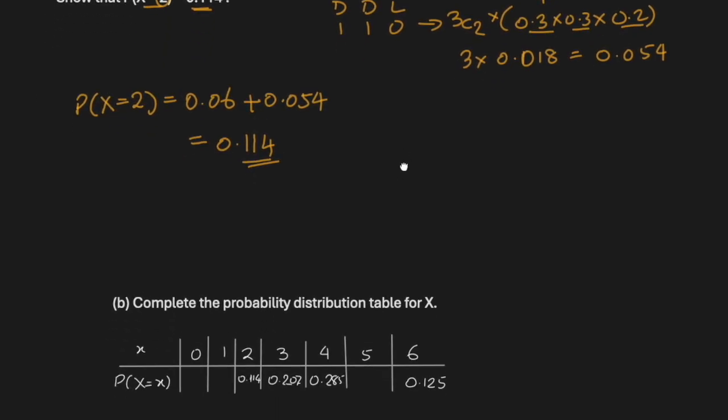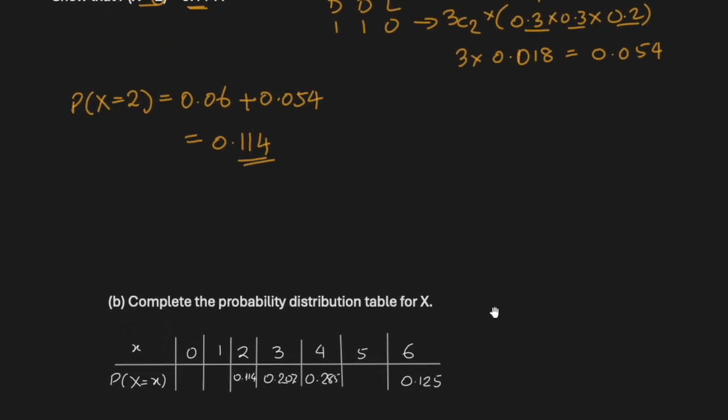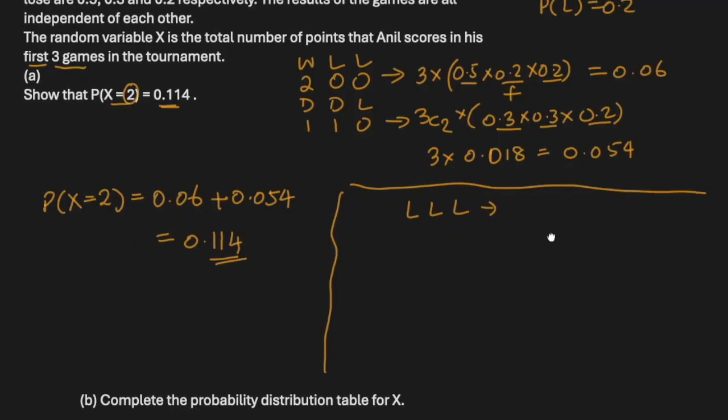Okay, B part, complete the probability distribution. It is already here. X equal to 2, 3, 4 and 6 have been given to you to save your time. So you just have to fill in 0, 1 and 5. 0 is easy. 0 means he loses all 3 games, so he gets no points, and the probability of losing is 0.2.